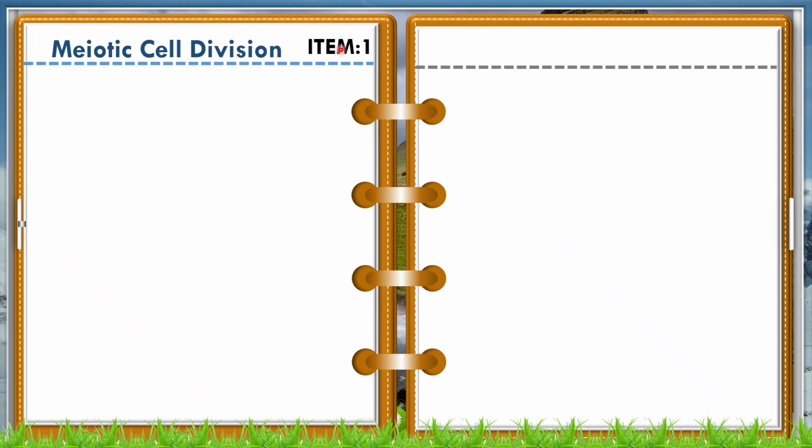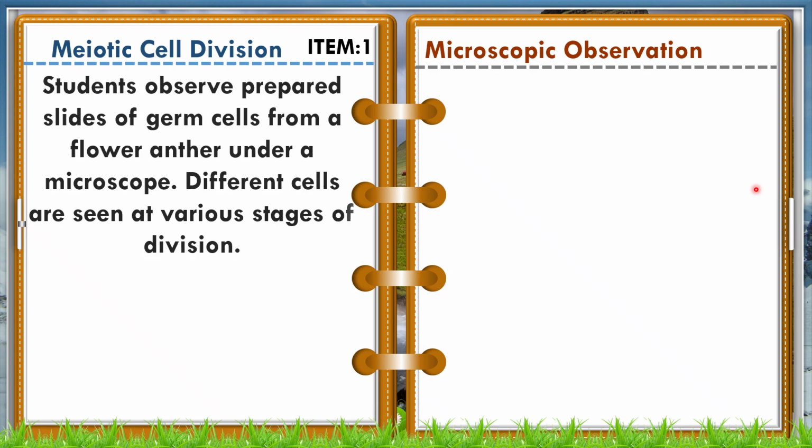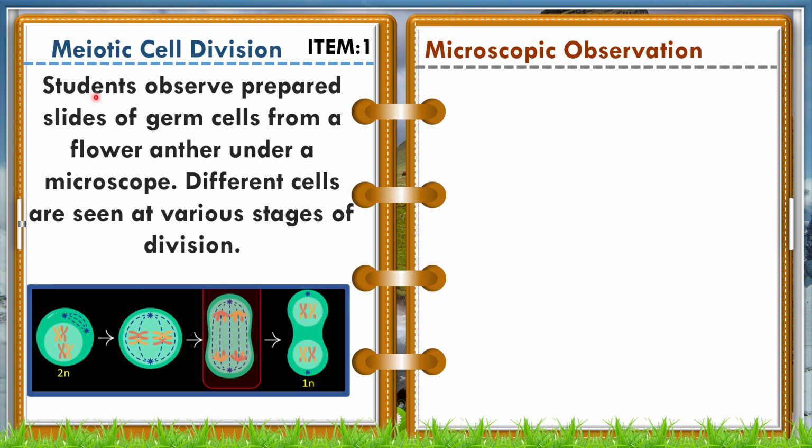Item 1, meiotic cell division. Let's start with microscopic observation. Students observe prepared slides of germ cells from a flower anther under a microscope.